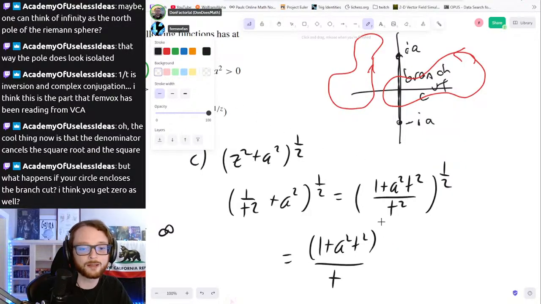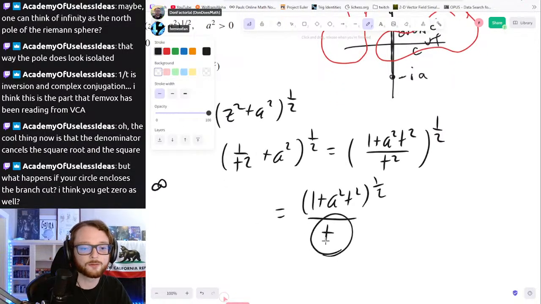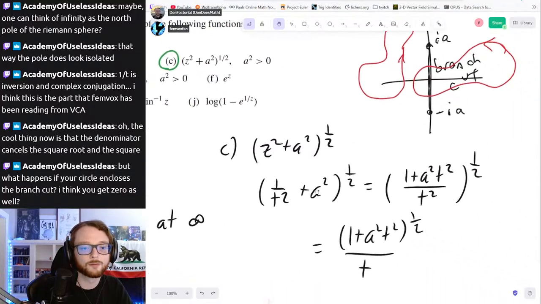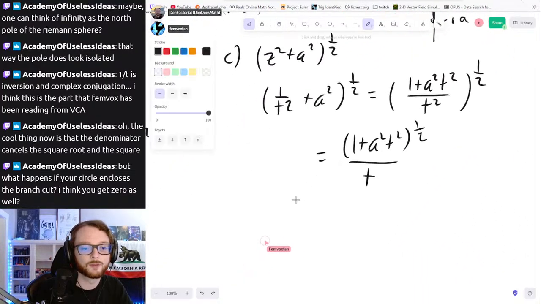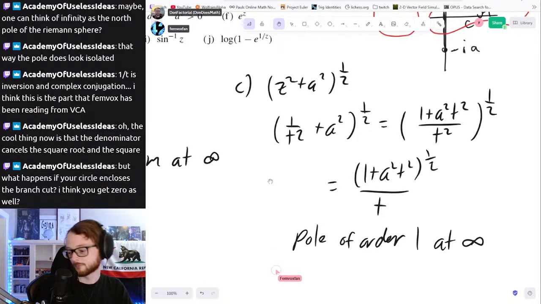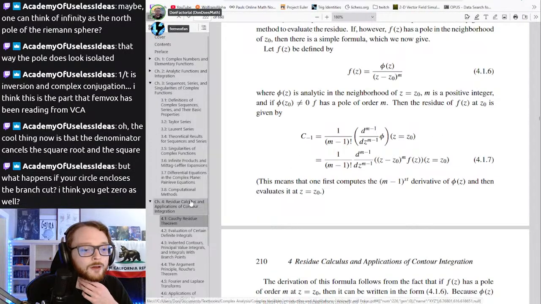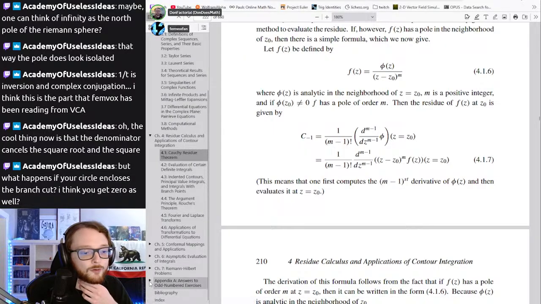Yeah, just from looking at the final step there: if the function of t has a pole at 0, then the thing with z has a pole at infinity. So we can check our answers. Yeah, let's check them. All right, 4.1, 3a and c.